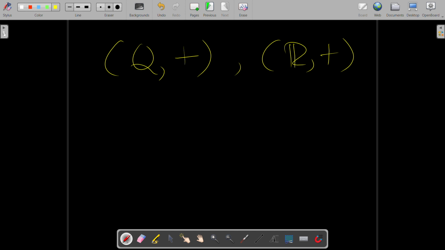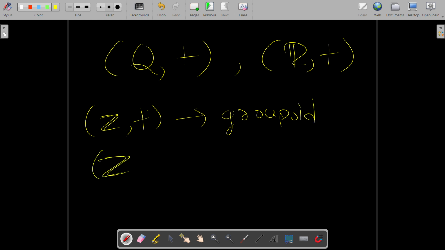But here is a thing to notice: even if Z plus, the set of all integers under addition, forms a commutative groupoid, the set of all integers under the binary operation subtraction doesn't form a commutative groupoid.